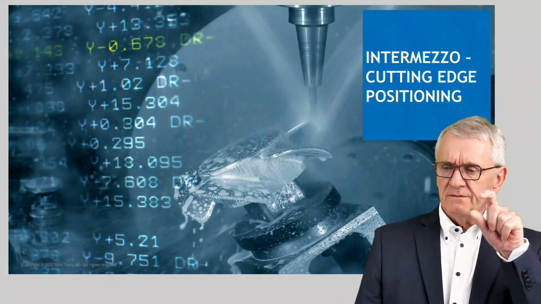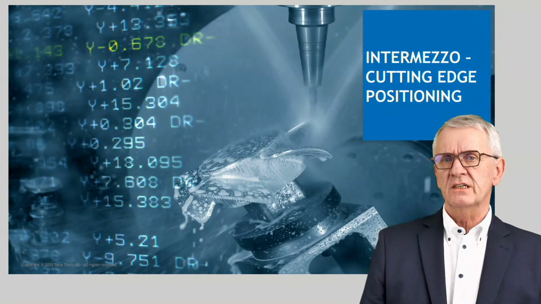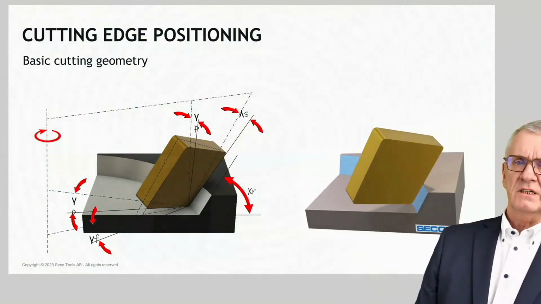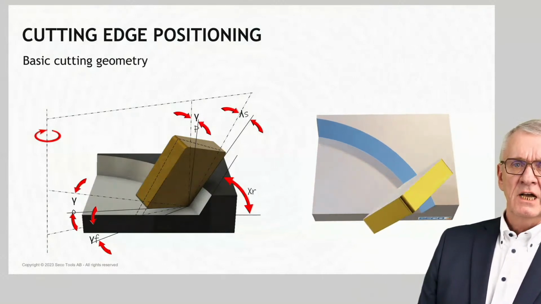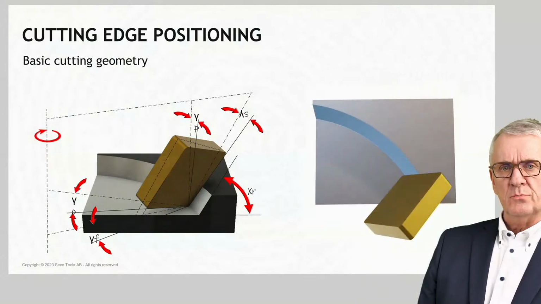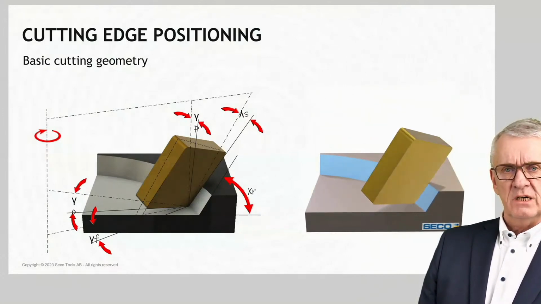Now, quickly in between, there's also something we refer to as cutting-edge positioning. What is cutting-edge positioning? It is very simple. Some people refer to this as the cutting geometry of a milling cutter. It's how we position the actual cutting edge compared to the center line of a milling cutter, the reference line of a milling cutter.